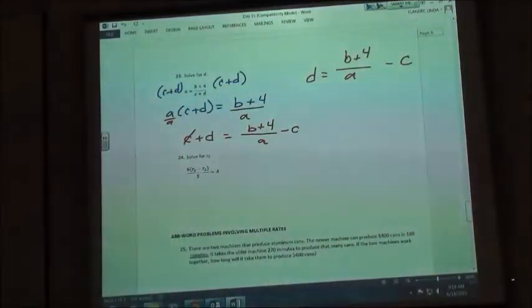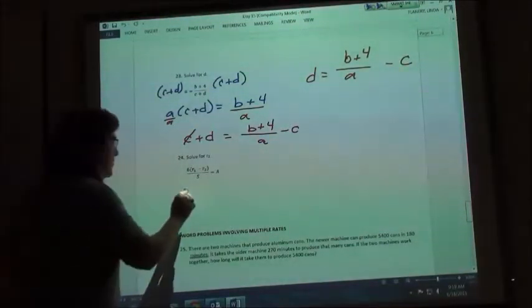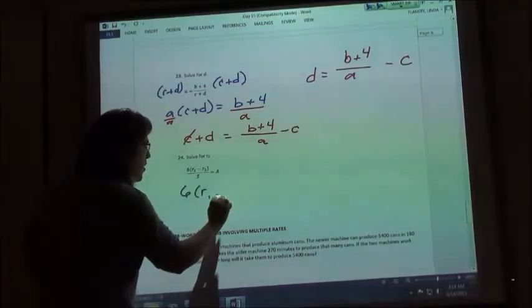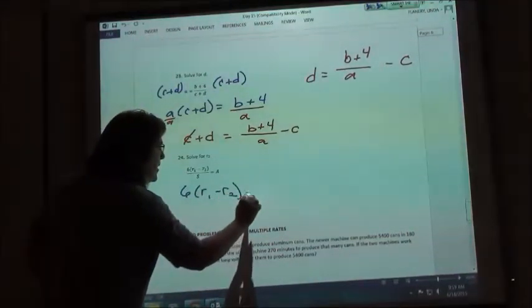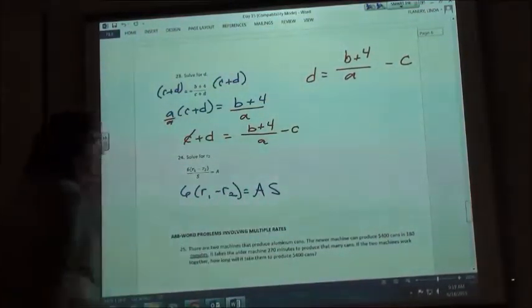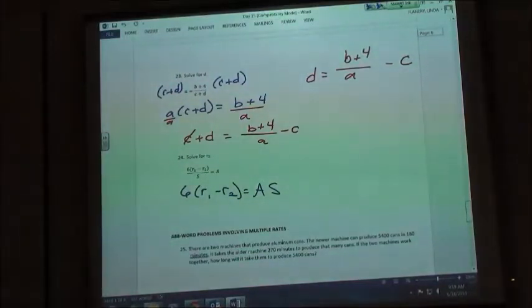So number 24, first thing I'd want to do is times by s, times by the s. So 6 times R sub 1 minus R sub 2 equals as. Then I would divide by 6.